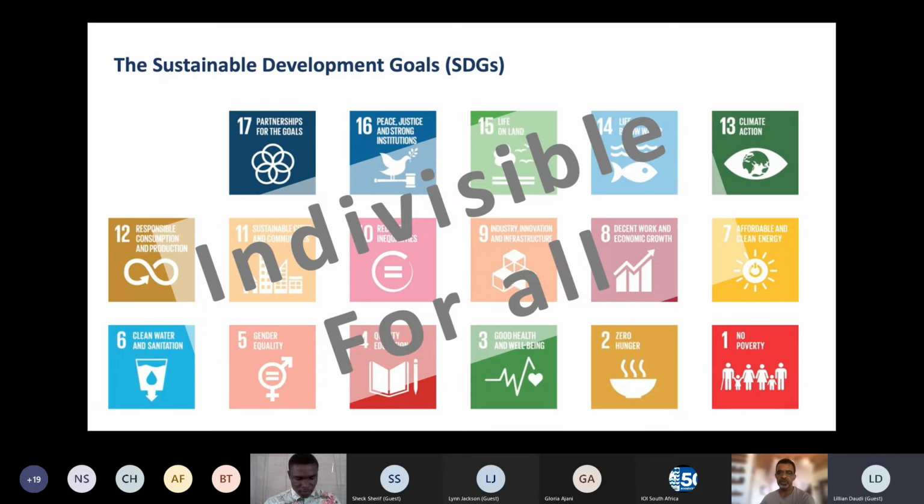You can't just focus on number 2, for example, zero hunger, and make sure that nobody in the world is hungry without addressing or considering the other goals, because if you don't do that, you might have some very severe negative impacts while you're delivering zero hunger. It's a good thing to make sure that nobody is hungry, but how do you do that, and what are the impacts going to be?